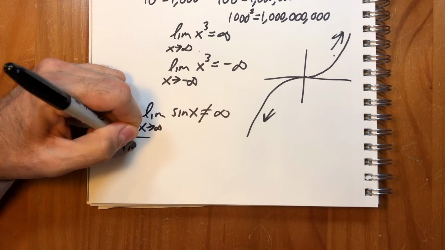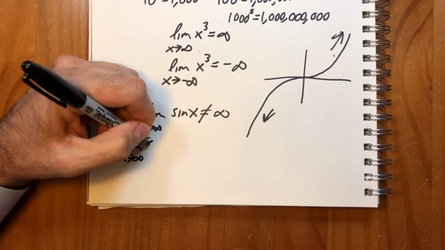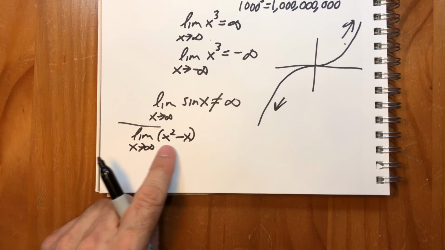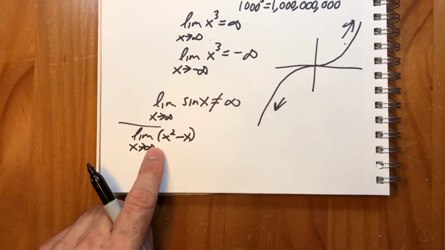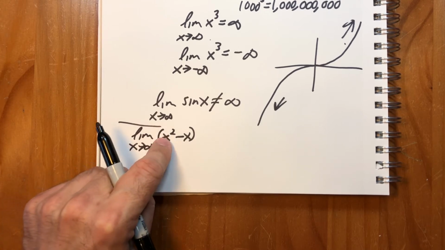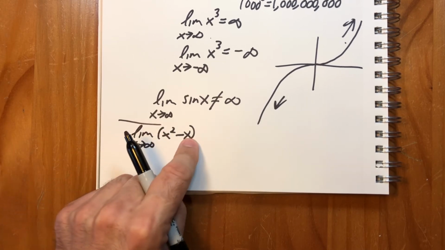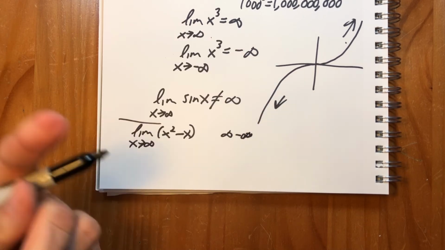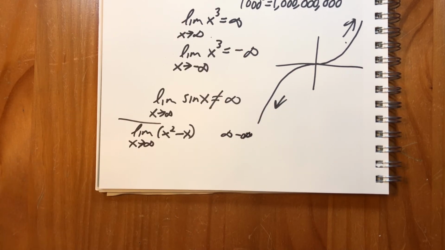What about the limit as x approaches infinity of x squared minus x? Now, again, we can't use the subtraction rule here because these two limits, the limit as x approaches infinity of x squared and of x, do not exist, because we end up with infinity minus infinity again, and that's not defined.